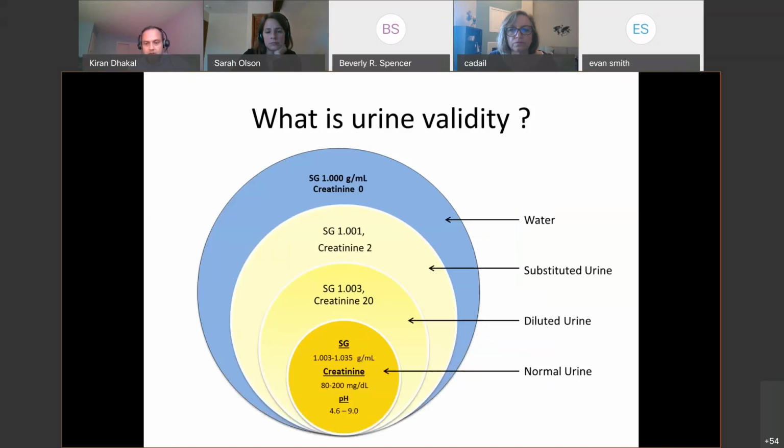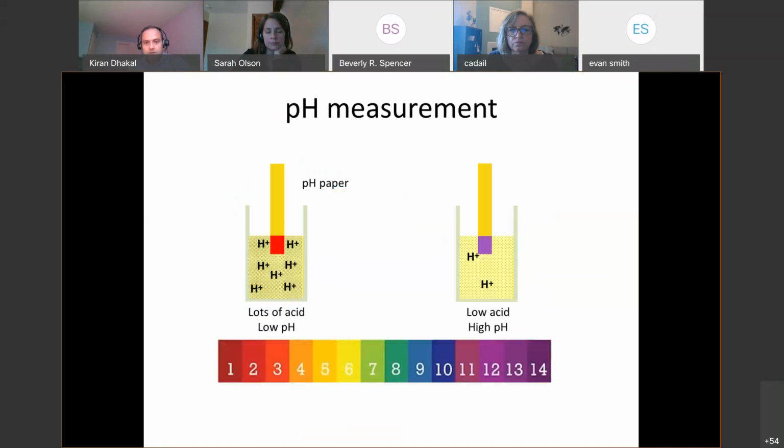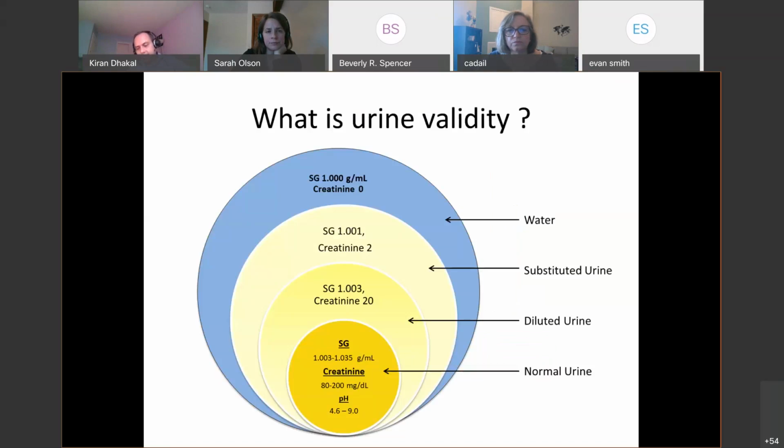So how do we measure? So this gives a clear picture of characteristics of a good urine. So what we are looking at is urine validity.